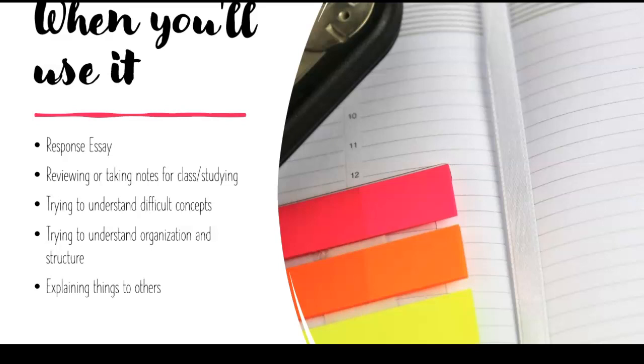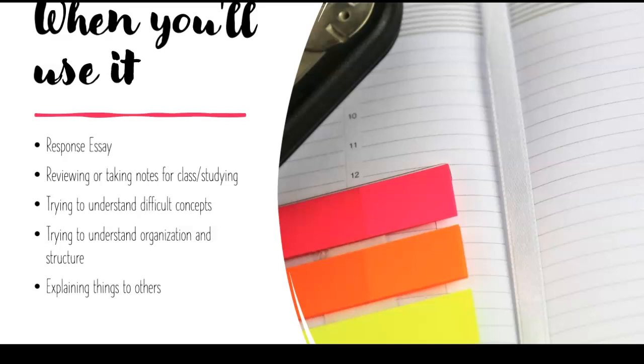And if you can't summarize the thing that you're summarizing, that means you don't understand it, you haven't learned it, and you probably need to go back and review some things or ask more questions. So that way you are prepared. And that's one way that summaries are useful, especially when it comes to studying and studying tips. Because if you can summarize a fact or an idea or a lesson, that means you understood it and you can move on.